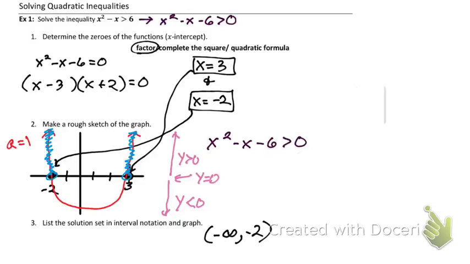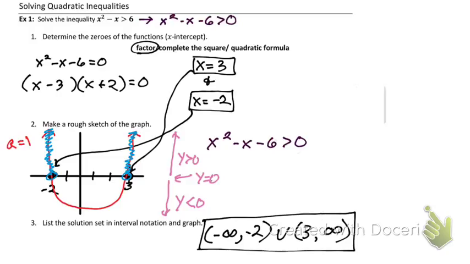Since it's not equal to, I use a parenthesis. Union that with nothing in between, until x becomes 3, and it works all the way to infinity. So our finished answer is just that.